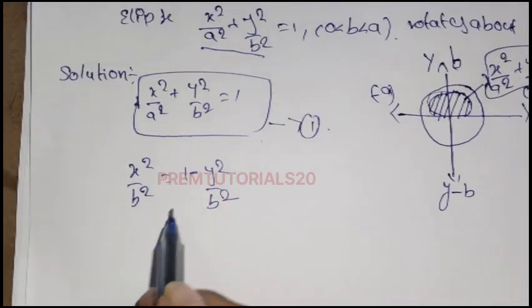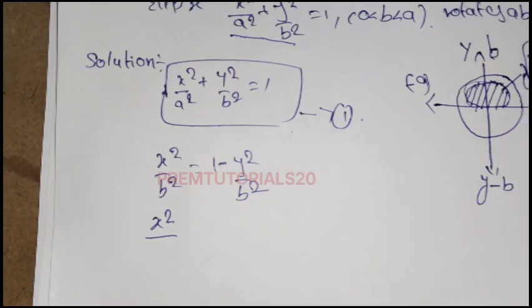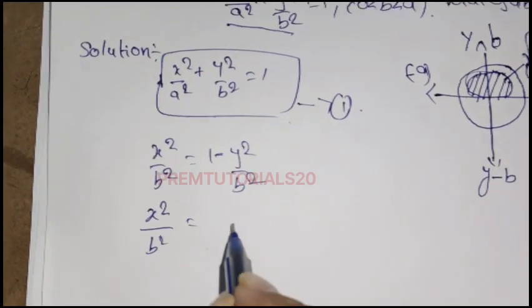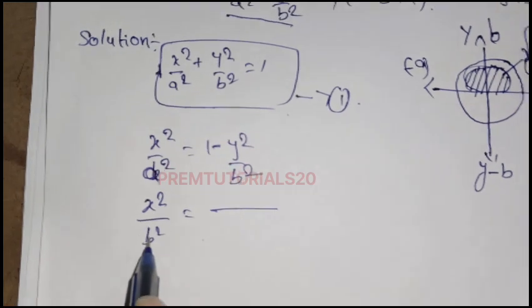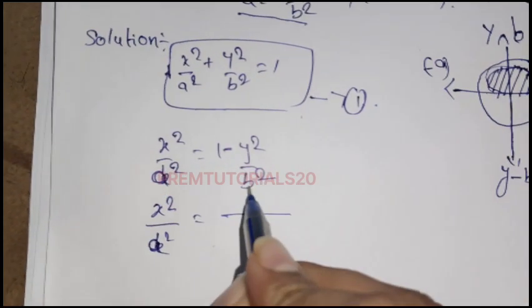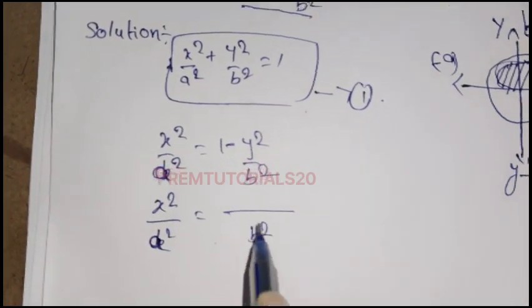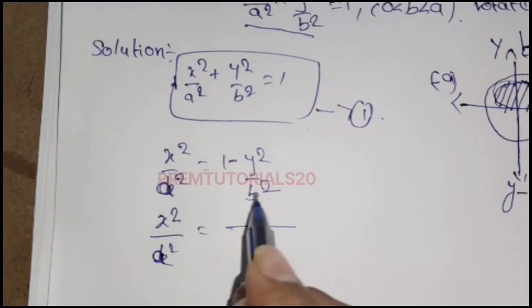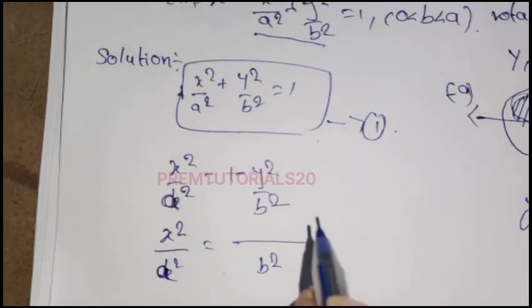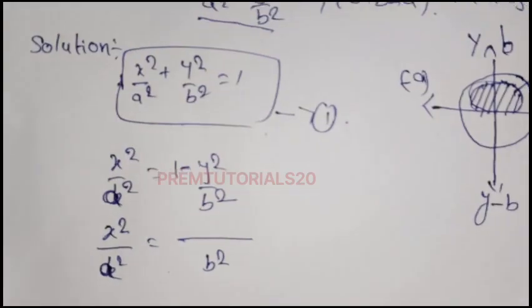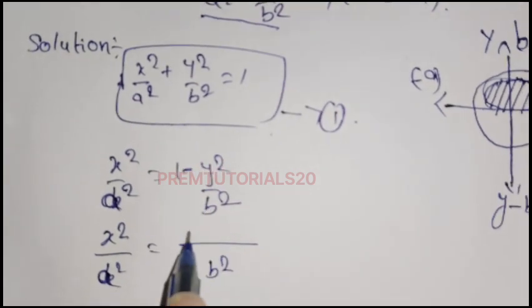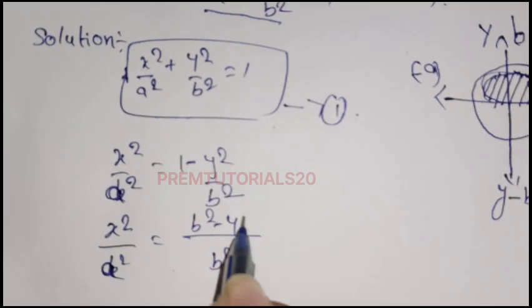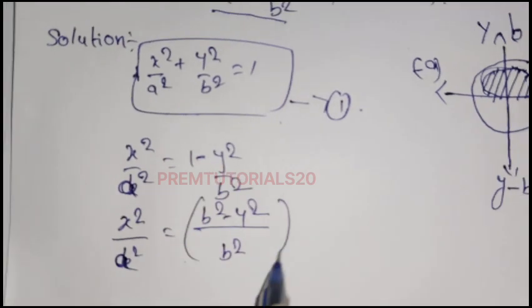So what is the remaining equation? We have b square, and the LCM becomes b square. This is a mixed fraction, so we are going to write it as a proper fraction, which becomes b square minus y square by b square.